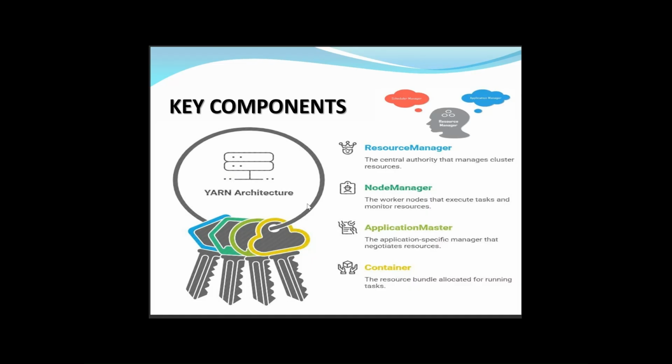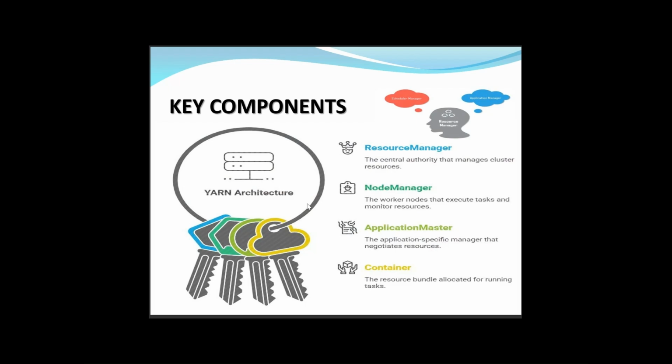The second component of Yarn is the node manager, a worker that manages containers and monitors resource usage on each node. The third one is the application master, the application-specific manager that negotiates resources. It's created for each job, negotiates resources and coordinates the execution.